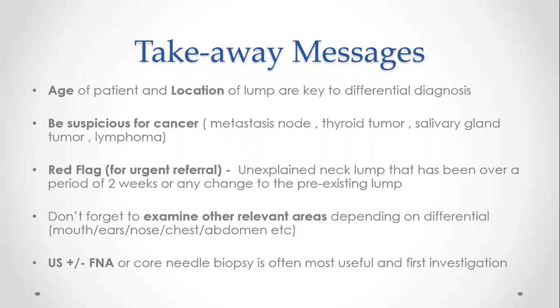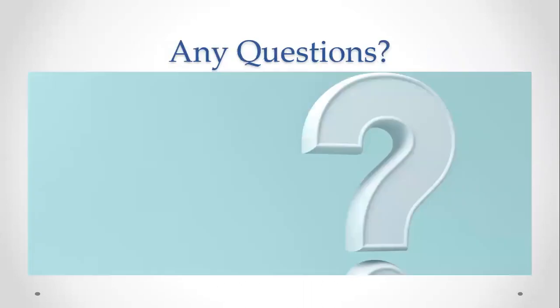And ultrasound, plus or minus fine needle aspiration cytology or core needle biopsy, is the most useful and fast investigation of a neck lump. Okay, this is the end of my presentation. Are there any questions?